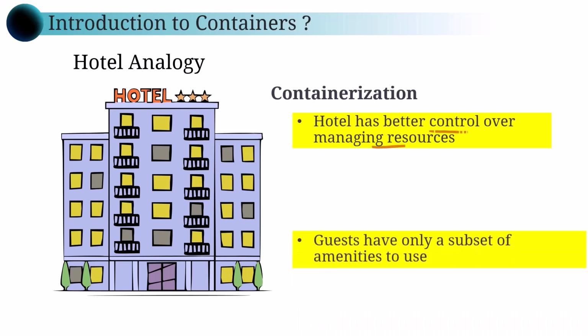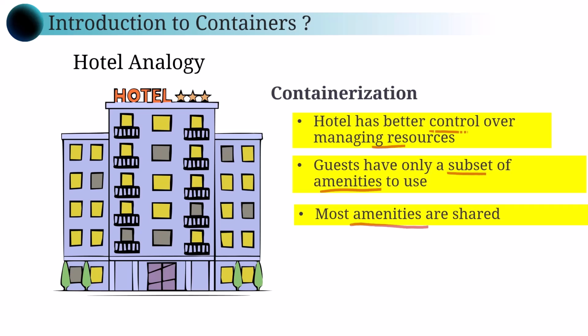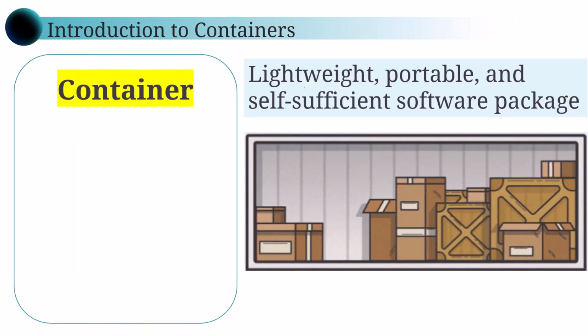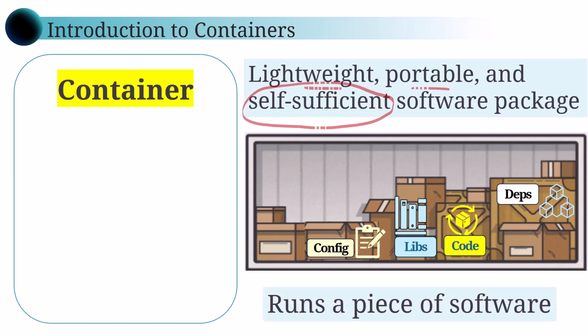The guests only have a subset of amenities which they can use, and most of the amenities are shared. Similarly, containers are lightweight, portable environments that share the host operating system kernel. Tools like Docker, Podman, and orchestration platforms like Kubernetes have made containers really popular.